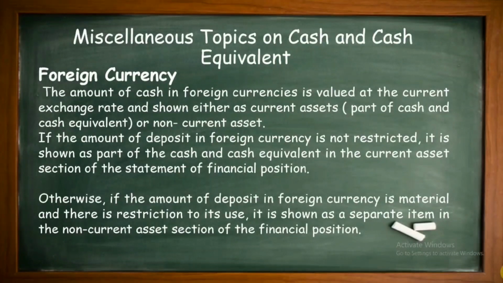Kung ang halaga naman ng foreign currency ay material at ipinapakita ito bilang magkahiwalay na item sa non-current asset section, ito ay nakalagay sa financial position o kaya sa balance sheet. Ang cash in foreign currency ay dapat isalin sa lokal na pera or Philippine peso gamit ang exchange rate. Ang deposit ng foreign countries na hindi na ipapailalim sa anumang paghihigpit sa palitan ng foreign currency ay kasama sa cash.